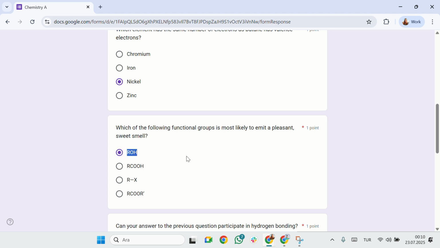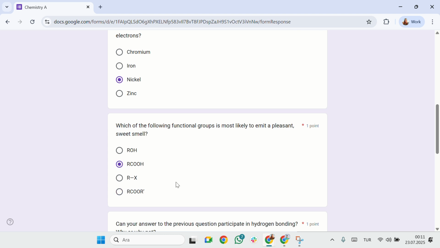I'm not sure about that, but I think R was meant to be a radical, if I'm remembering this correctly. RX. What is X? I forgot about this. COOR. I'm gonna go with this actually.